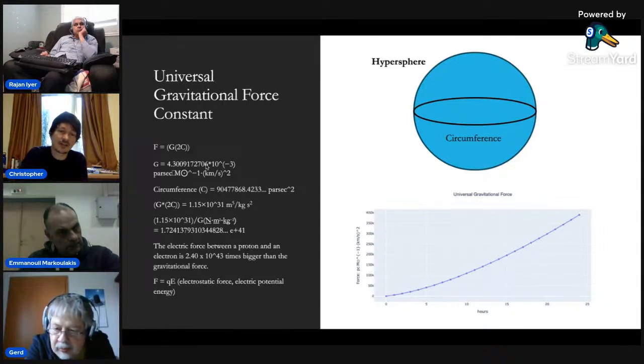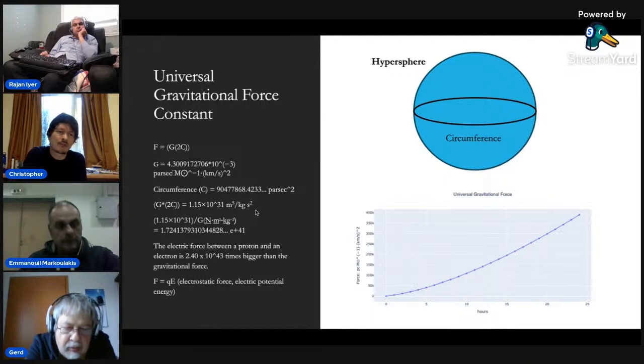So I'm just using these values here and putting them in again. They're in parsecs, and the result is the total force on the surface of the hypersphere, which is equal to 1.15 times 10 to the 31. And the units are meters to the 5th per kilogram second squared.